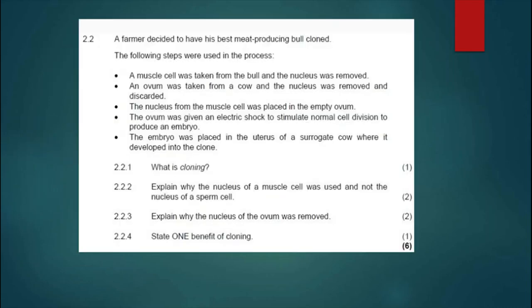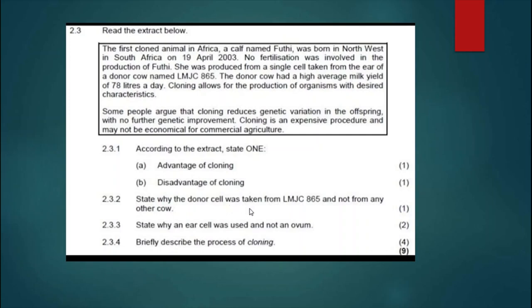So there's this other common question that I usually see in cloning questions. Look at number 2.2.2. They say explain why the nucleus of a muscle cell was used and not the nucleus of a sperm cell. Let's look at the question this side, 2.3.3.